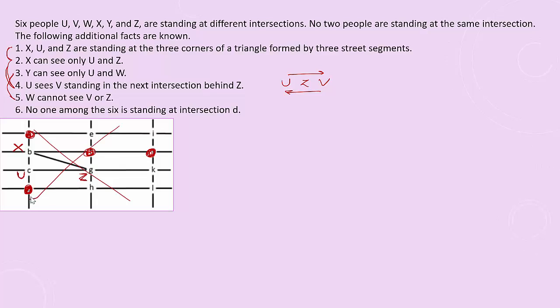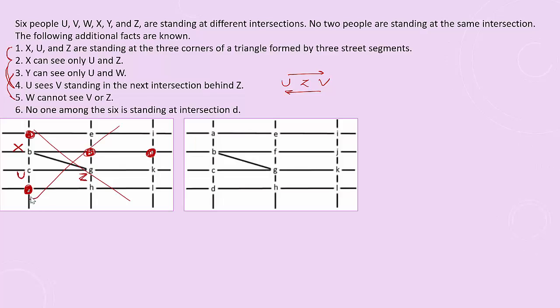This is not possible. Let's take another case where again I'll keep X here. So I'll just remove this part. X is at this point, and I'll take this triangle, because I have taken another triangle earlier, so I'll take this triangle here, right?